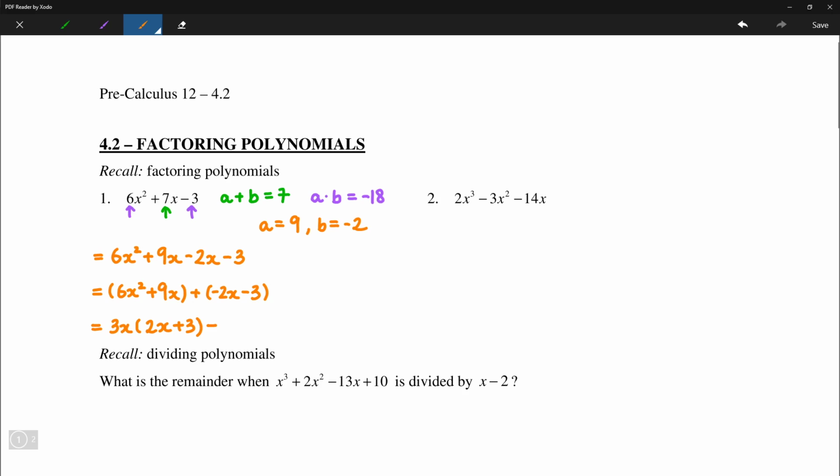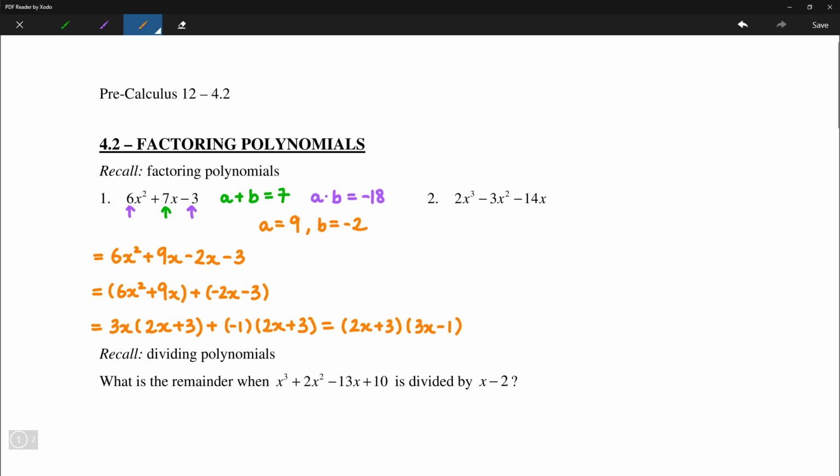And here, the second group will have a factor of just -1 that we can factor out, and the leftover parts will still be 2x plus 3. Okay, from there, we can factor out the 2x plus 3 from the first and second groups. And so the final result of this factoring is 2x plus 3 and then 3x minus 1.